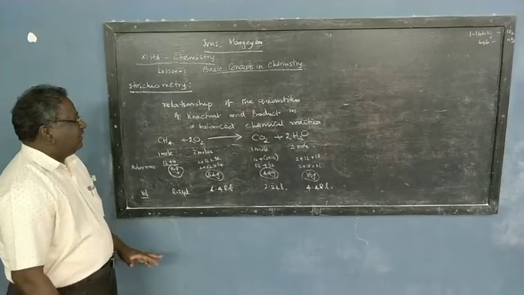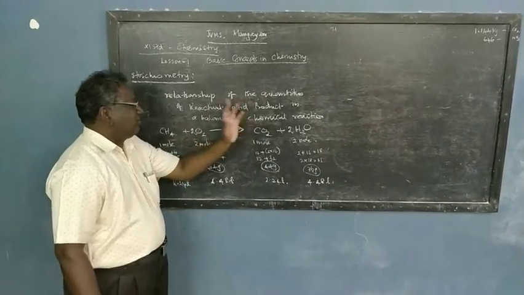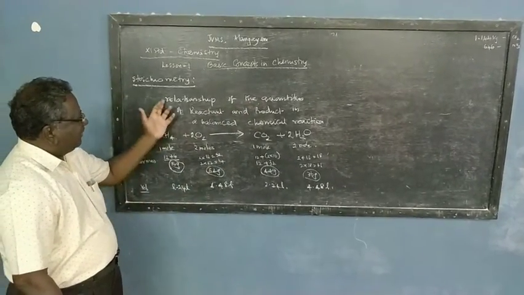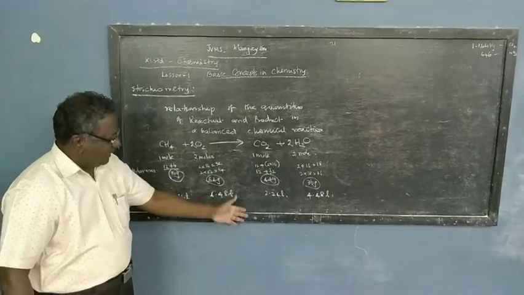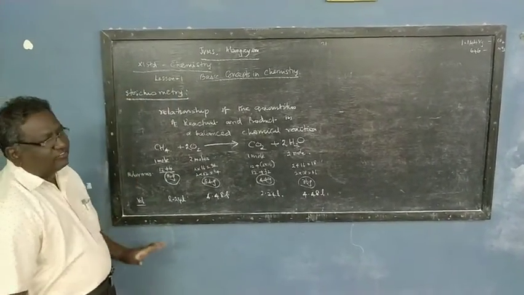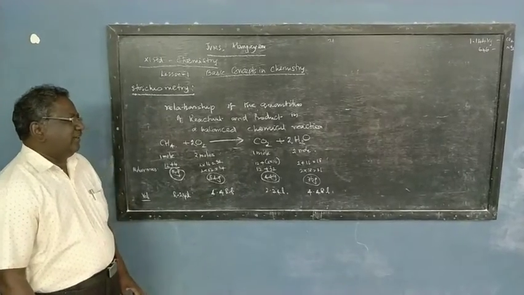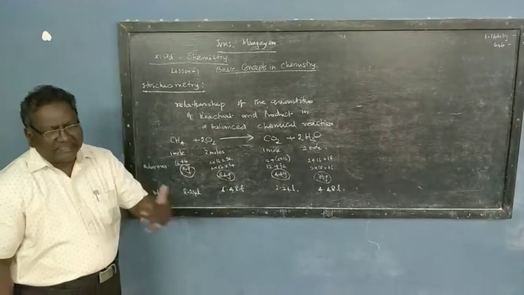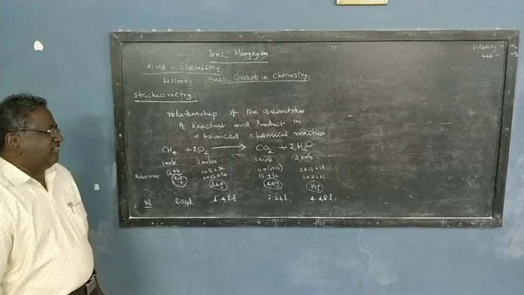So like that, the quantities of the reactants or products are related in the balanced chemical equation. This procedure is being called as stoichiometry. So this stoichiometry word will be repeatedly used in our chemistry, right?